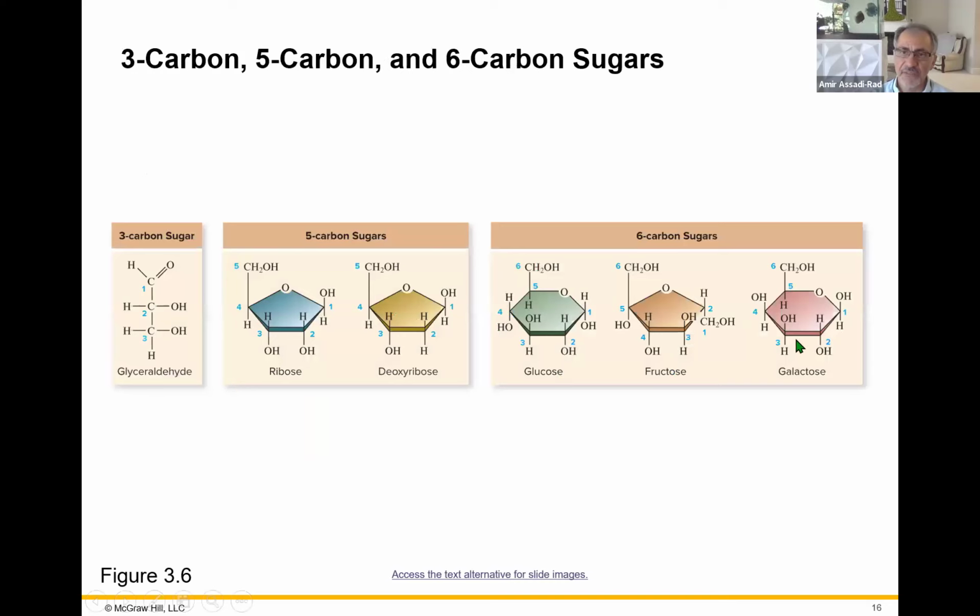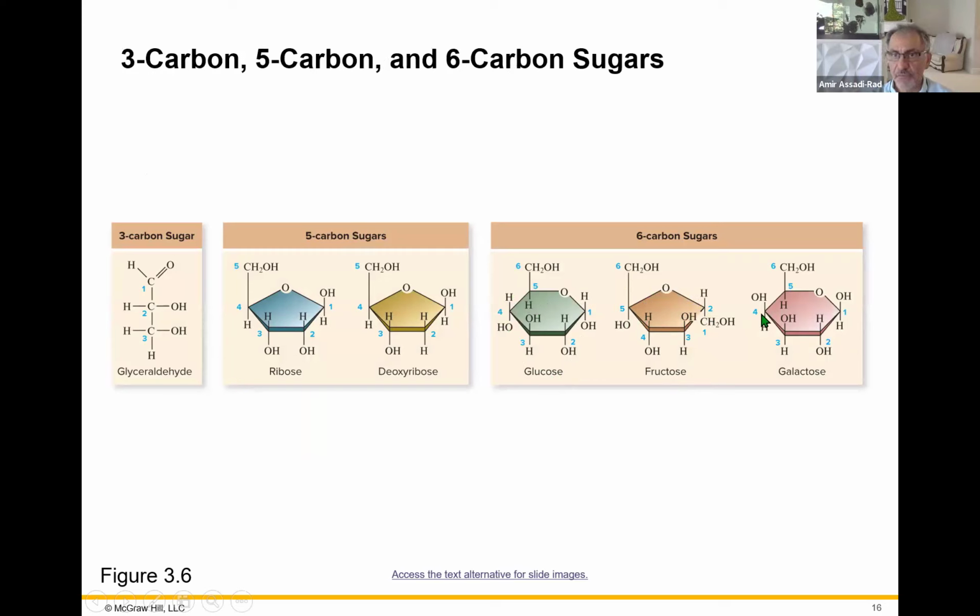Look how different glucose and galactose are. Of course, fructose is a pentagon. Pentagon means it has 5 sides. You should know these terms. Hexagon has 6 sides. It's a molecule with 6 sides. Penta, 5 sides, but it still has 6 carbons. Now look at galactose and glucose.